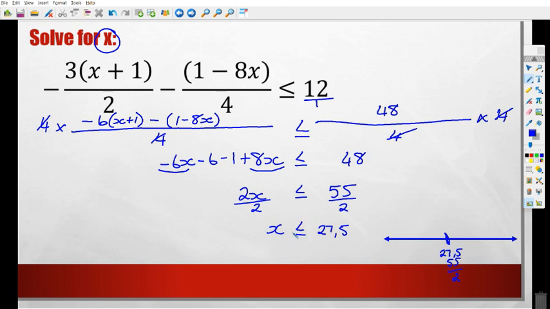Are we including 27,5? Yes, we're going to include it. They say x is smaller than or equal to 27,5. Is it to the right or to the left? It's to the left, all the values smaller.